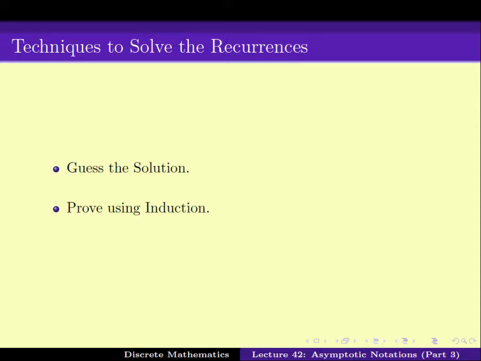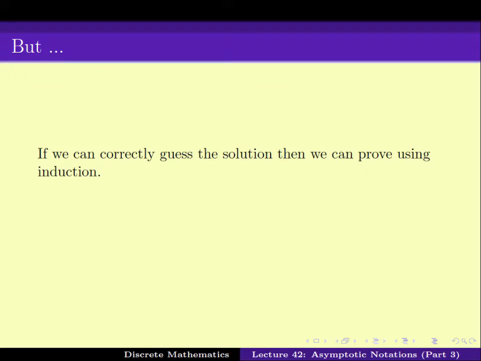So the first thing that we learned was that we can guess the solution and then prove by induction. Now this is fine. If you can correctly guess it, then you can use induction to prove it, and that's a pretty standard induction proof. But how do you guess the solution?